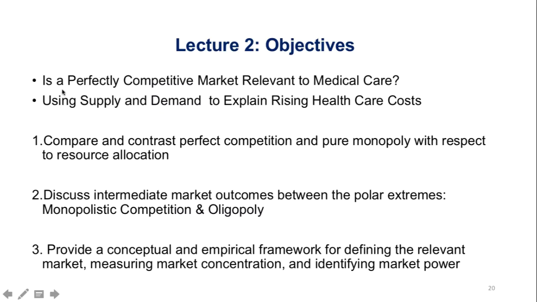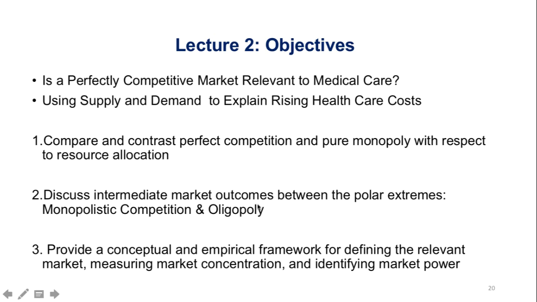In the previous lecture, you learned about whether a perfectly competitive market is relevant to medical care, and about using supply and demand to explain rising healthcare costs. In this lecture, you will compare and contrast perfect competition and pure monopoly with respect to resource allocation.